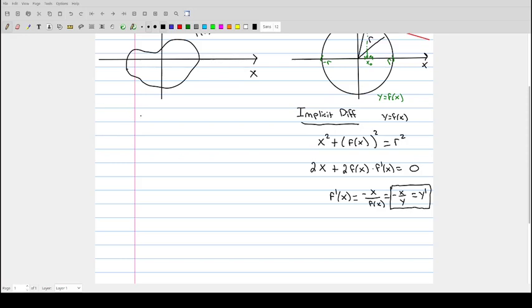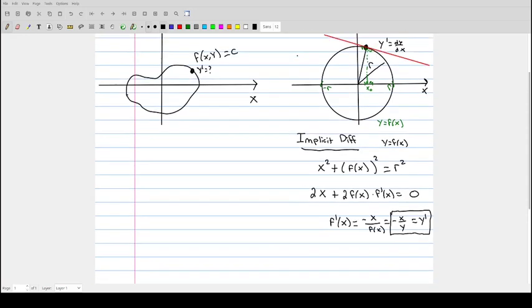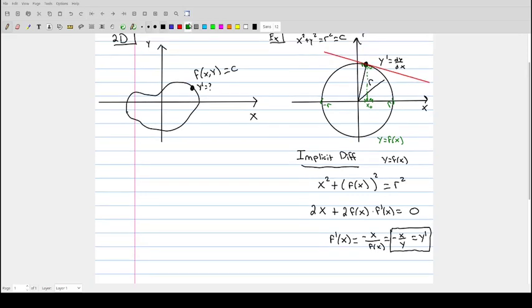So specifically for a general function, at any point, if I want to figure out what y prime is, we can do this exact same procedure, which will give us the slope of the tangent line even if we don't have y as a function of x.